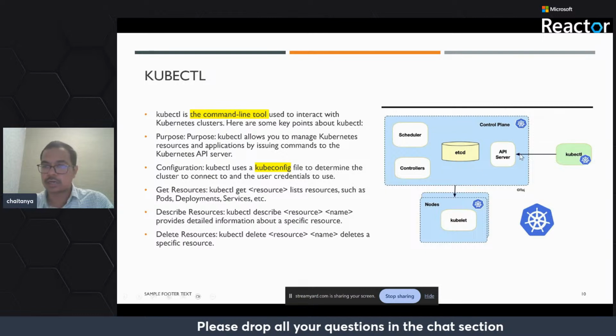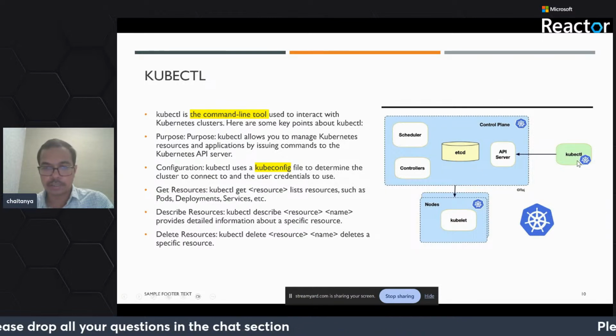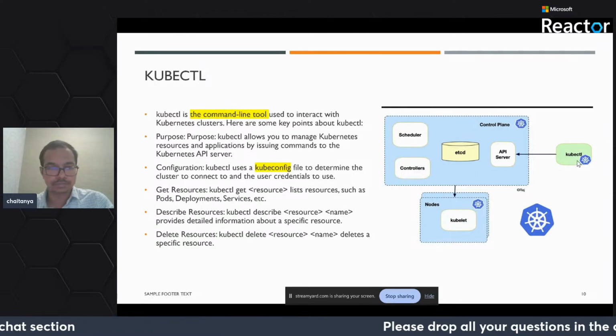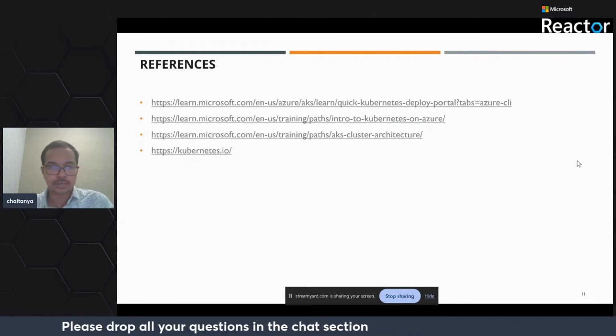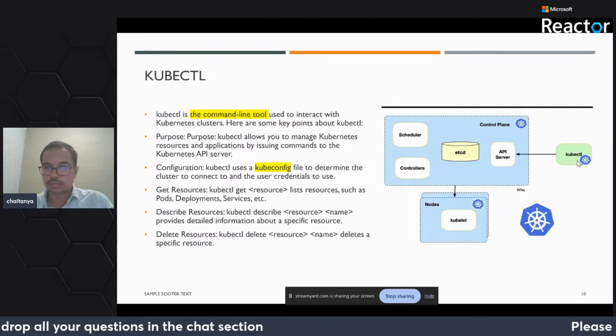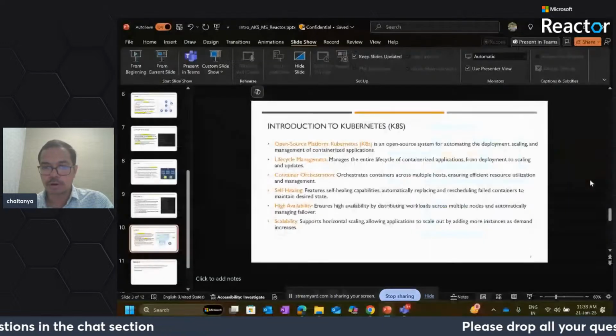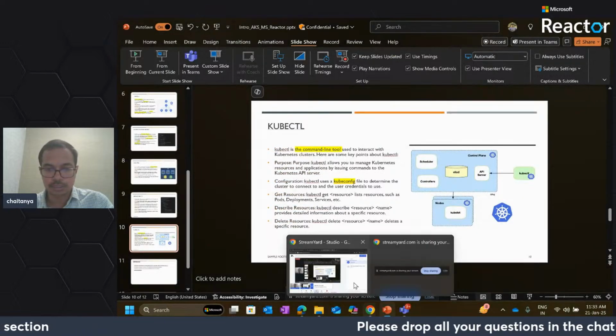It has a vast set of commands. We'll be executing a few commands on the Azure Cloud Shell. I have attached all the references here, and I'll share them in the chat as well. Before that, I'll go into the deployment for the cluster.